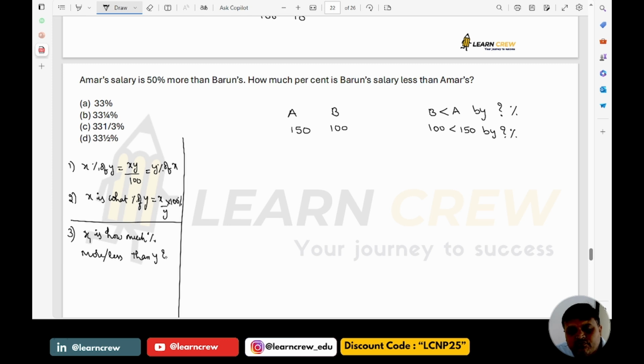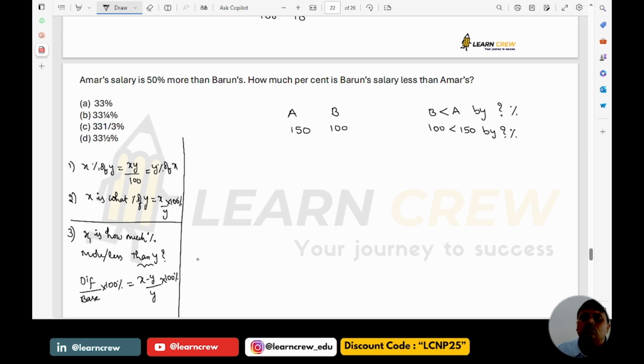So one value is how much percent more or less than the other value. In this case, the most important thing, it is difference of those values by base value into 100%. So the difference between them is x minus y by base value; here after than, whatever you get is the base, into 100.